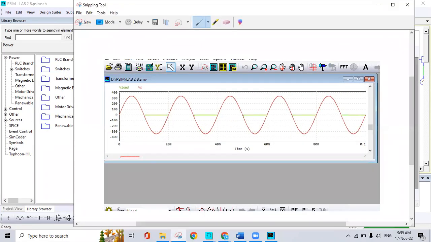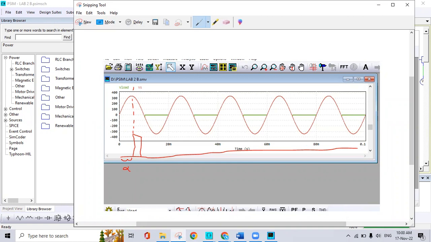If we have the same circuit and the SCR has a delay angle right here, which we know as the firing angle, alpha. When it is delayed, only the signal after the delay angle will enter the SCR.